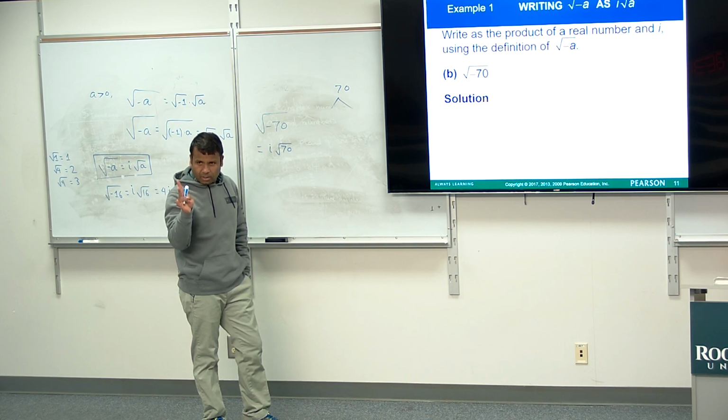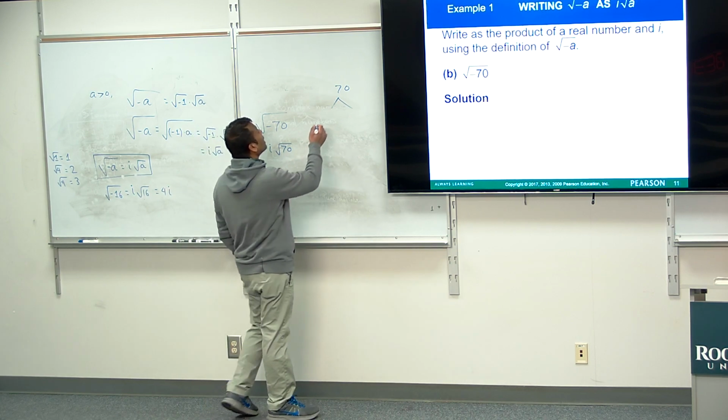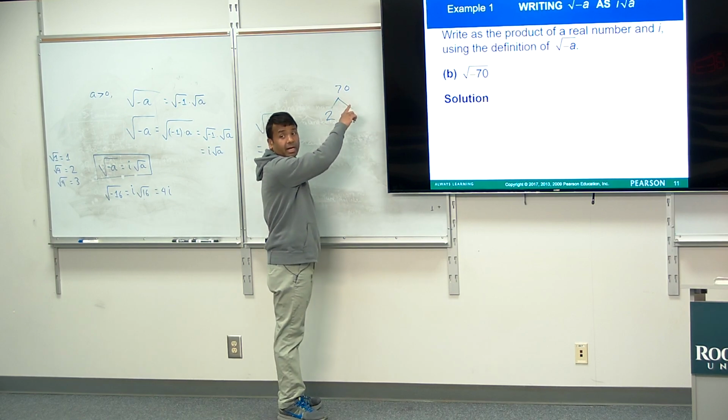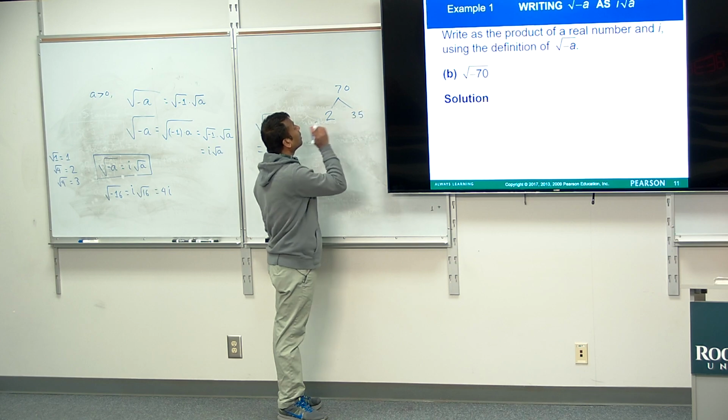3, is 3 a prime? Yes. 4? No. 5? Is 5 a prime number? Yes, right? So now what is the least prime number that divides 70? 2, because this is an even number, right? It is divisible by 2. So what will be here, guys? 35.